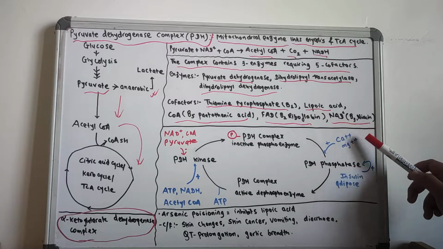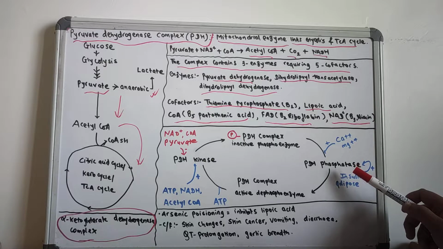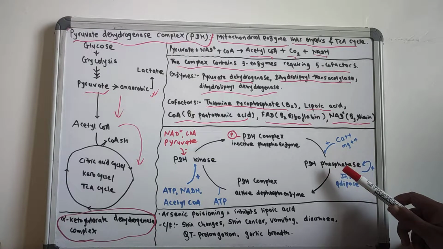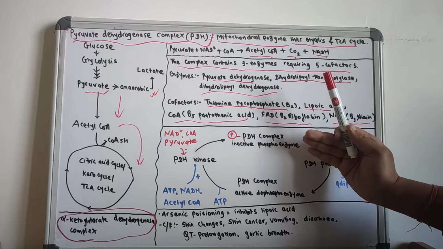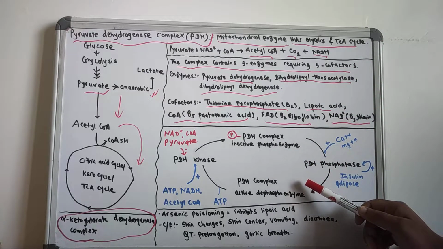That means calcium, magnesium and insulin act on the pyruvate dehydrogenase phosphatase and increase its activity, and pyruvate dehydrogenase phosphatase converts the inactive pyruvate dehydrogenase complex to the active pyruvate dehydrogenase complex. So you have to know that.